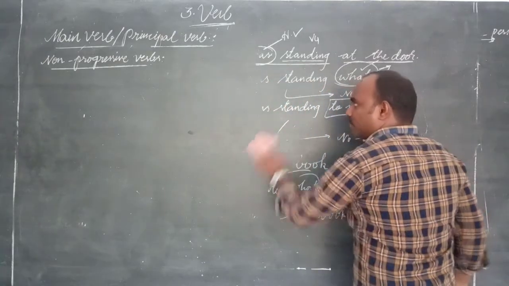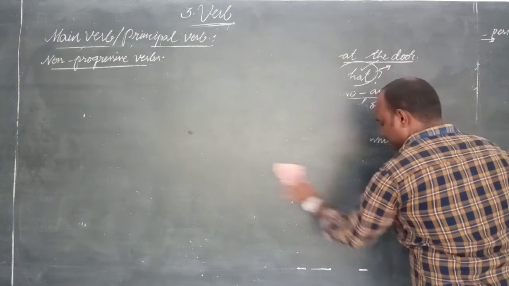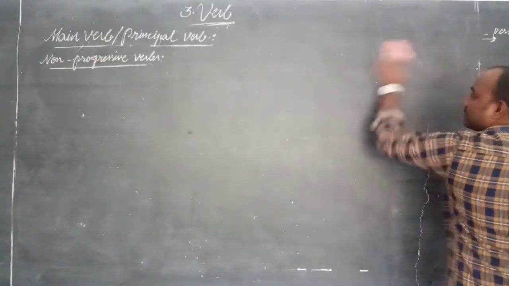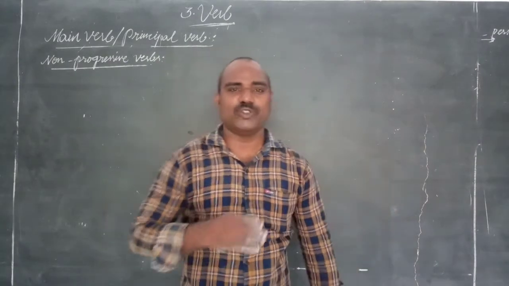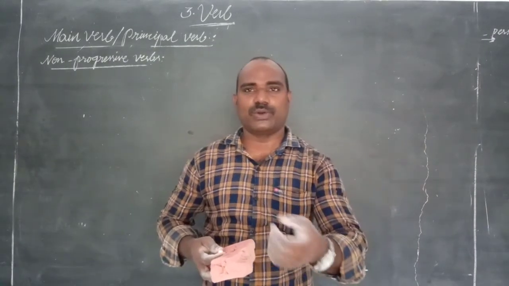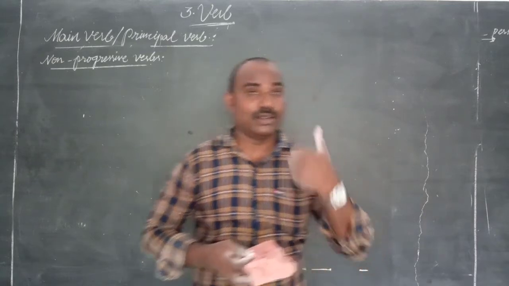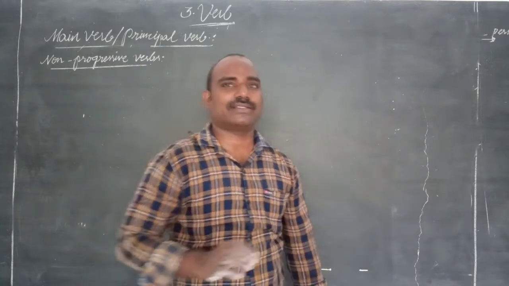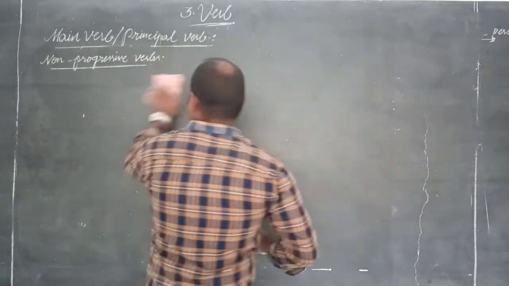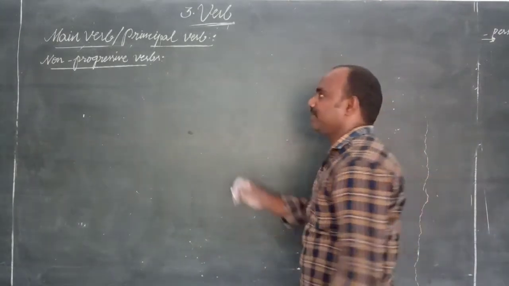You should know what non-progressive verbs are. Almost every verb is a progressive verb. Progressive here means ongoing, going on, continuing. Non-progressive here means there is no action, no physical action. Non-progressive verbs mean there is no physical action.